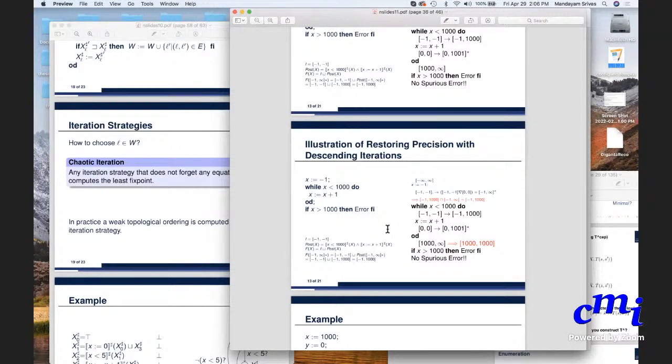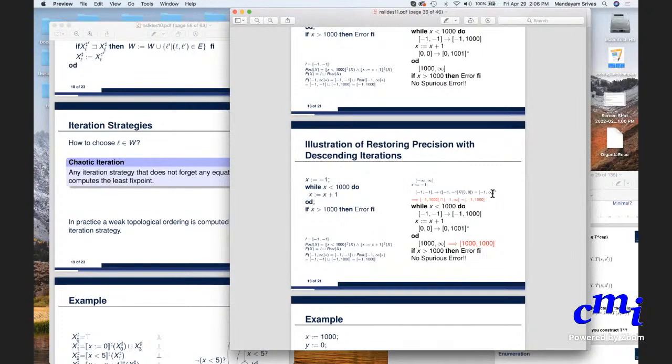It's not exactly a mistake, but maybe I went through it too fast and no one pointed it out. So I want to re-explain that to make a point about how, after doing widening chain iteration, you get to -1 to infinity as the fixed point. You stabilize to that.